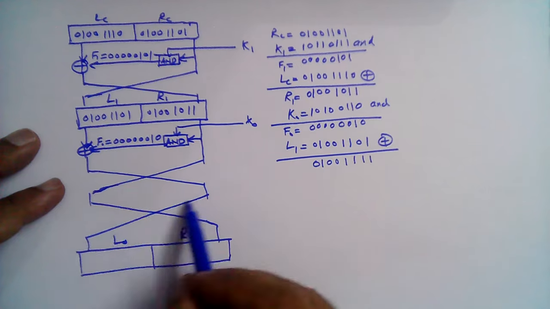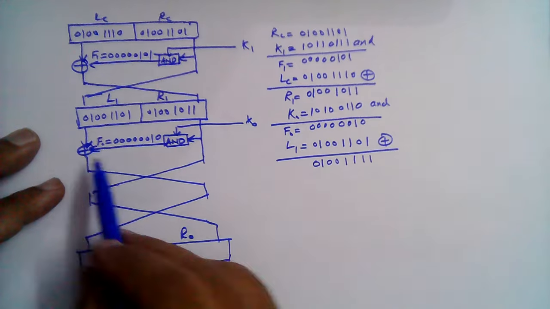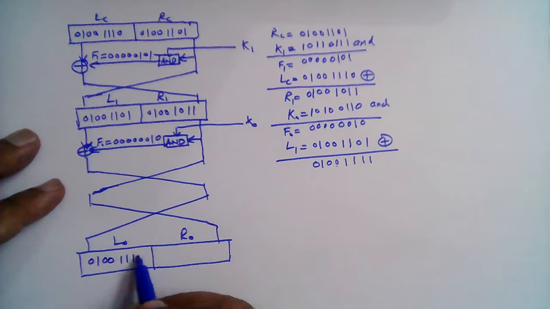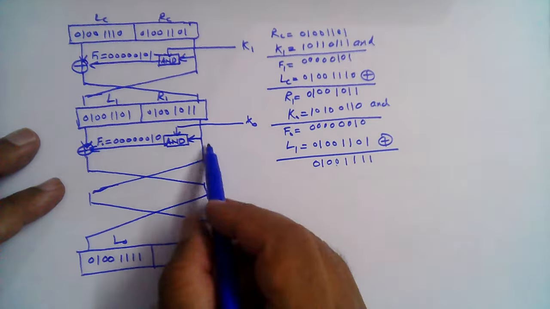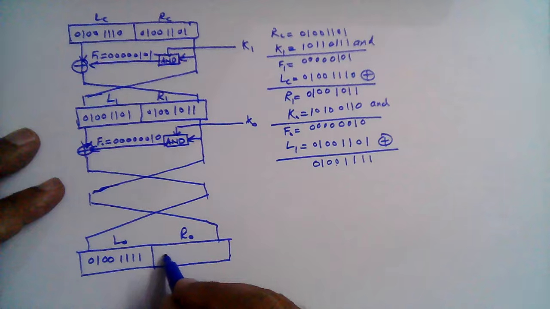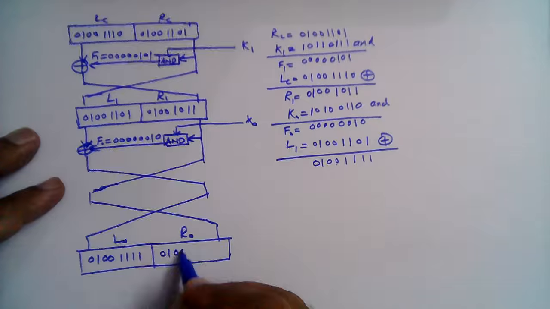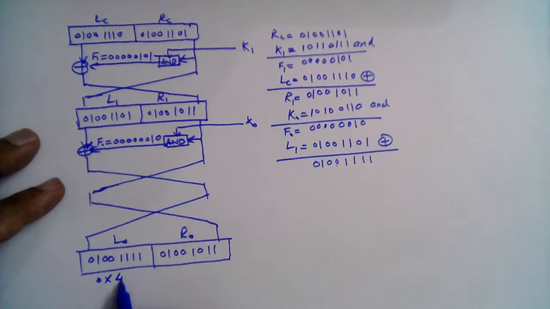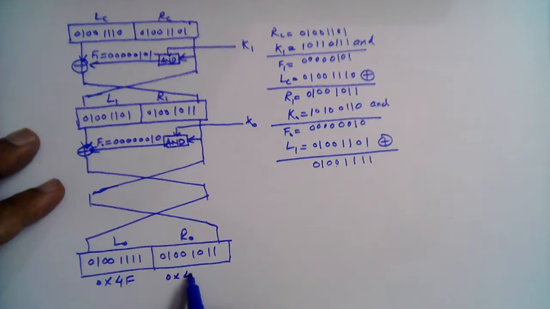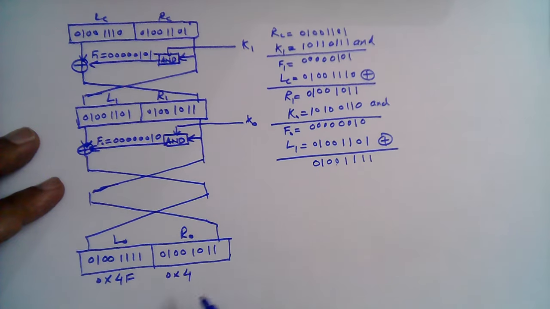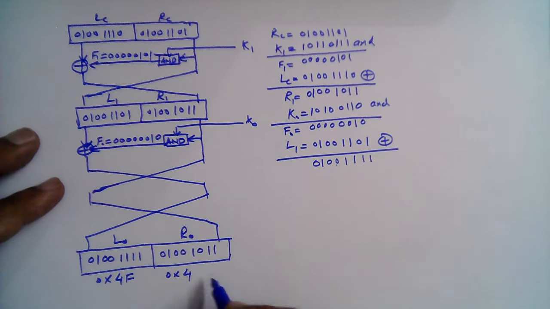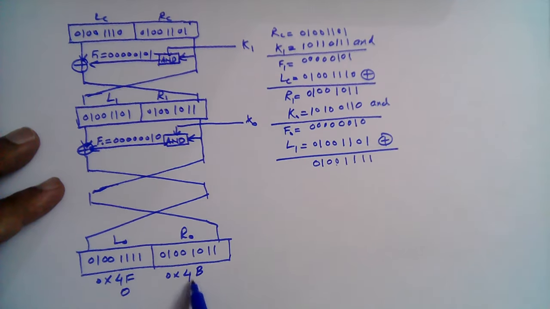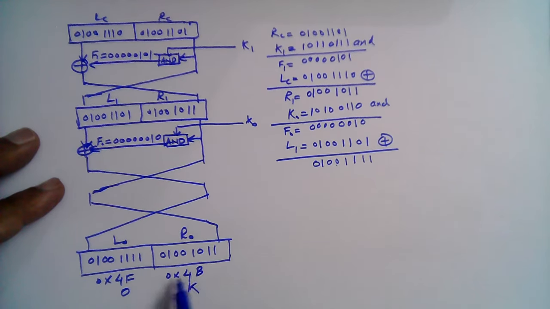You see L naught is the output of this XOR operation, so it is 0100 1111, and R naught is simply R1, which is 0100 1011. You see that this is 4F hex and this is 4B hex. So this is the letter O, the ASCII code for O, and this is the ASCII code for K, in hex.